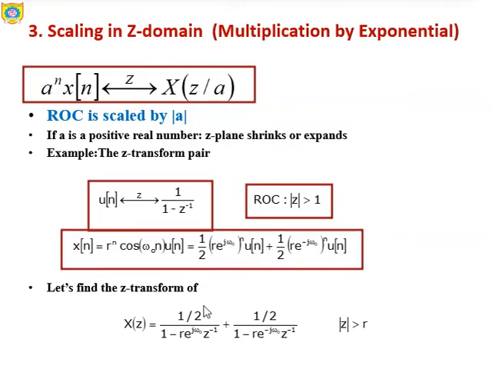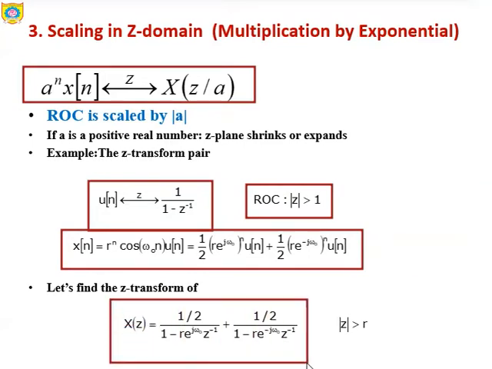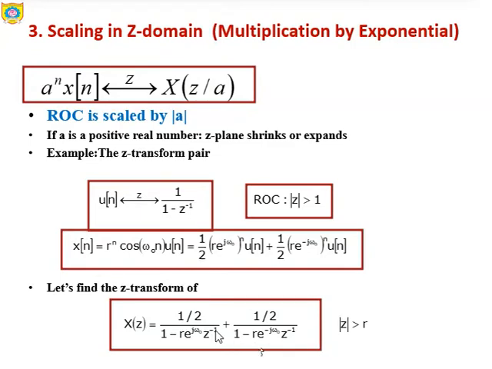So let's find the z transform for this one. The z transform will be simplified in terms of X of z. 1 by 2 will be a common value over here.